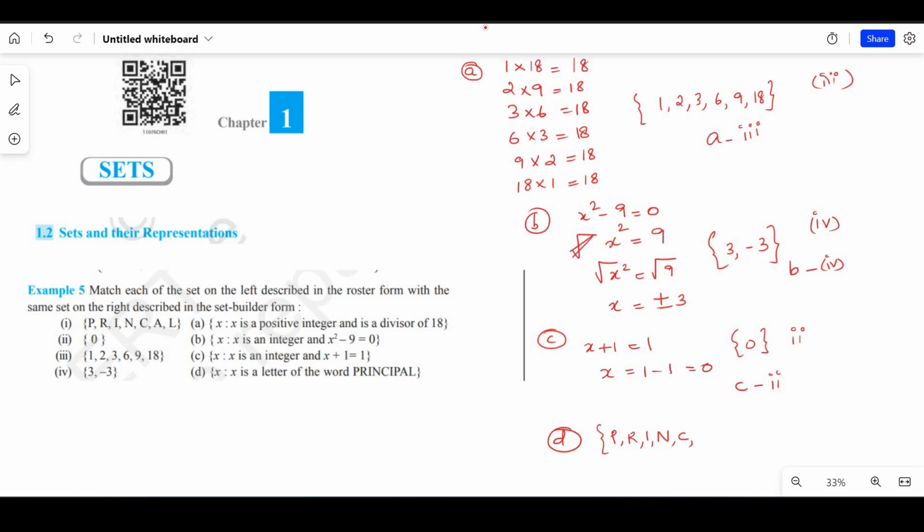So we don't need to repeat I again or P again. The next letter will be A and last L. So this matches with the first option. So D matches with the first option. Second option matches with C, third option matches with A, and fourth option matches with B.